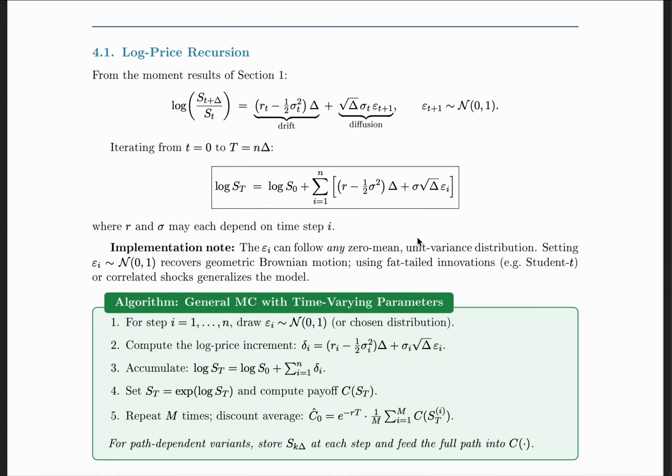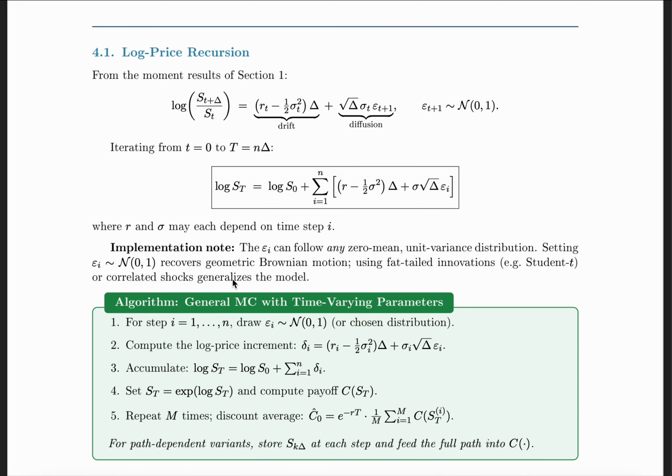Now, one of the questions that we left off with last time was, what is this sigma and what is this r? As you recall, r represents the risk-free rate and sigma represents the annualized standard deviation.